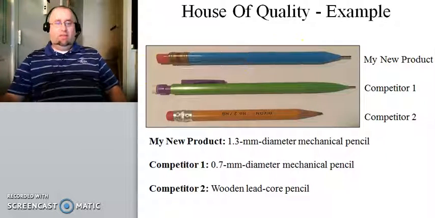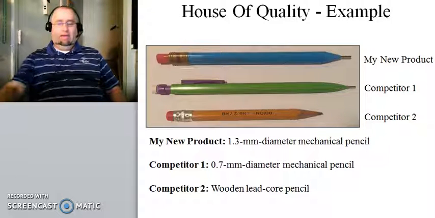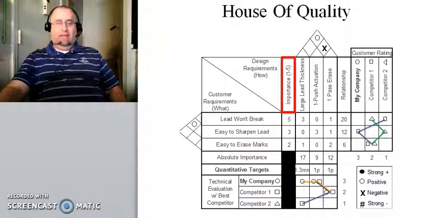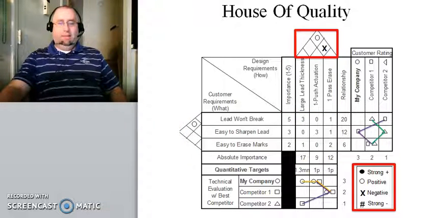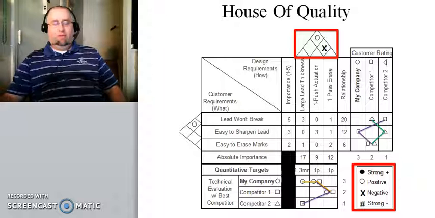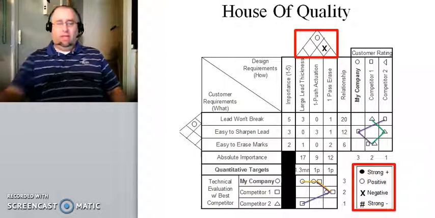You can see that the eraser is actually embedded in the same spot where you do the actuation to push out the lead. So having the eraser and the lead actuation embedded in the same place is a negative correlation there because they impede each other's ability. So that's why that X is placed there.